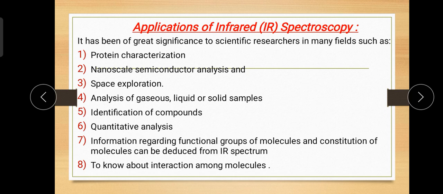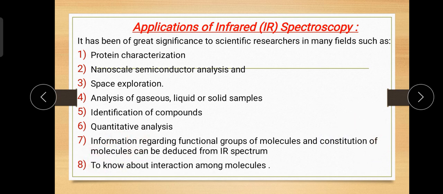Next application is that information regarding functional groups of molecules and constitution of molecules can be deduced from the IR spectrum. That means if we place the sample in an IR spectrophotometer, then we get the IR spectrum, and from that we get information about the functional groups and constitution of the molecule.